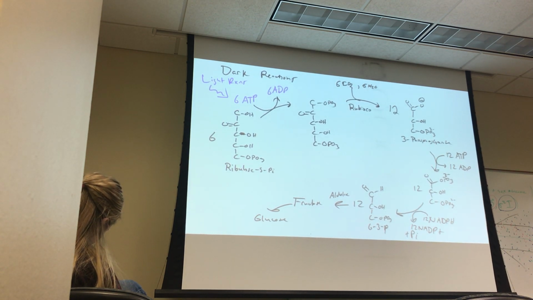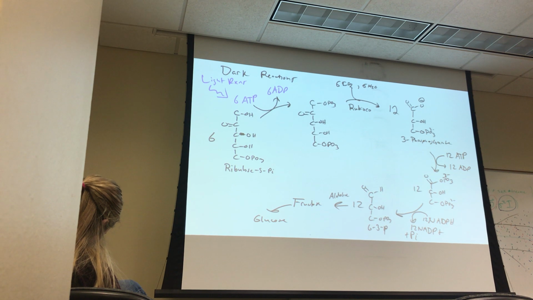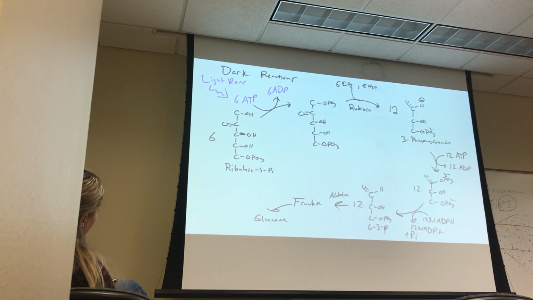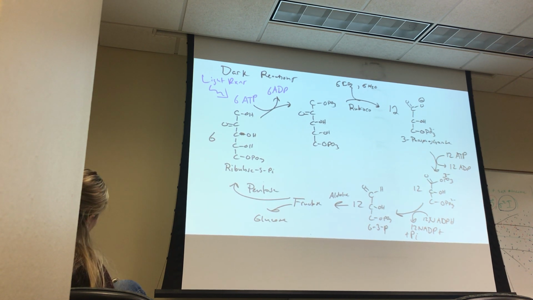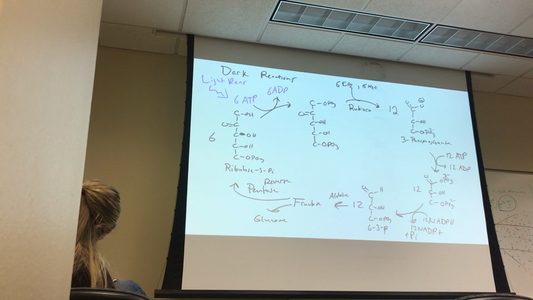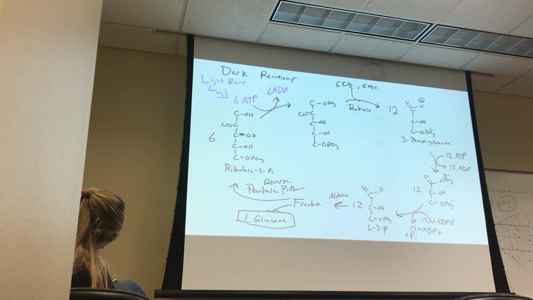It's kind of cool. I know I probably don't need to talk this much about it, but it's interesting. And of course, some of the fructose goes back this way through a reverse pentose phosphate pathway. And then we get out our net gain of 1 glucose, okay, through that way.